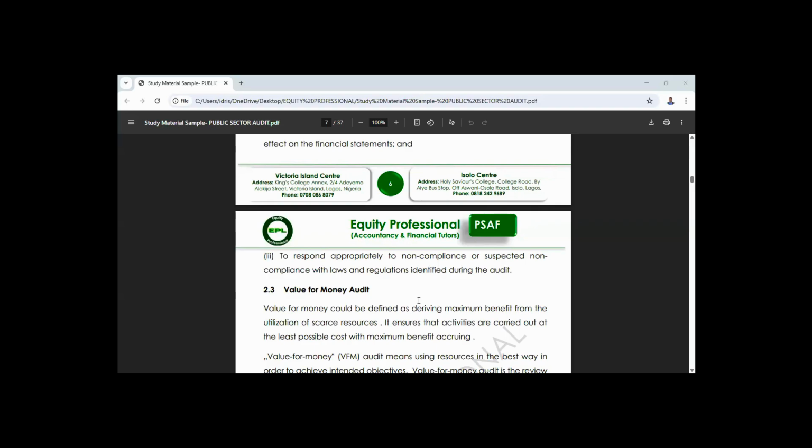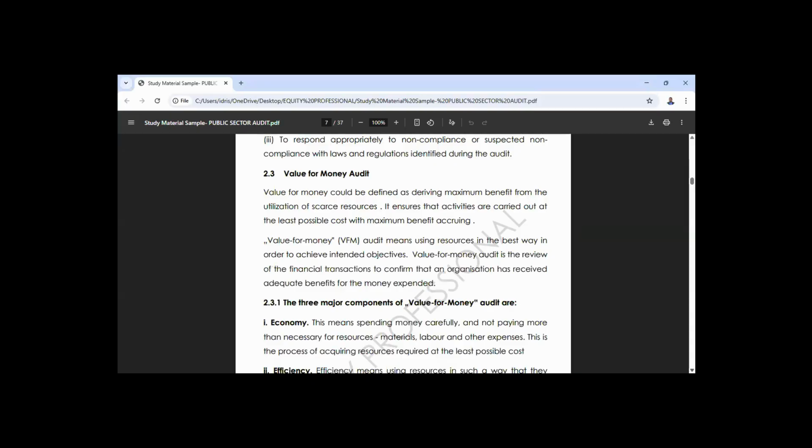So this value for money audit is carried out to ensure that maximum benefit is realized from the utilization of scarce resources. While carrying out value for money audits, we make use of 3 elements. One of them is called efficiency, the second one is called effectiveness, while the third one is called economy.